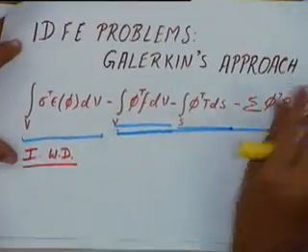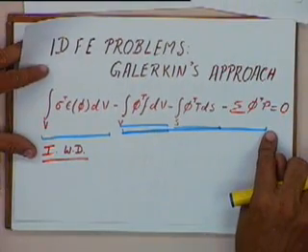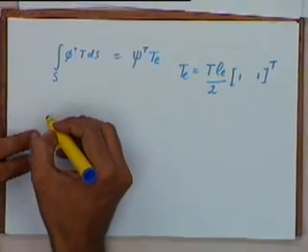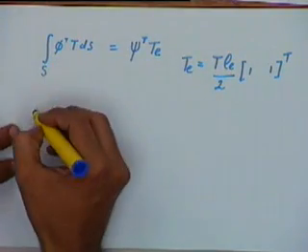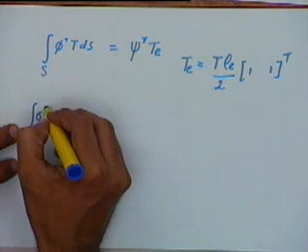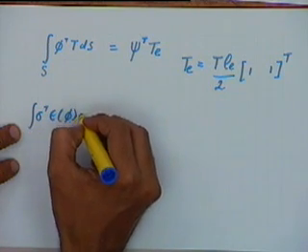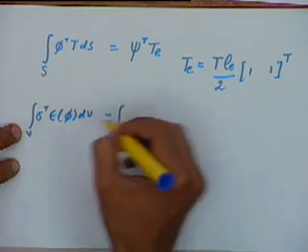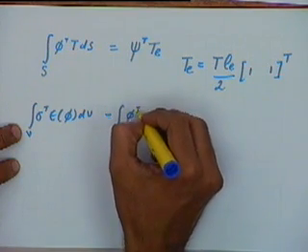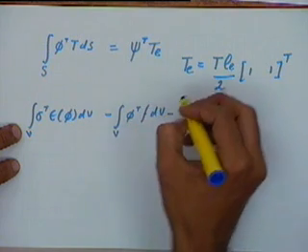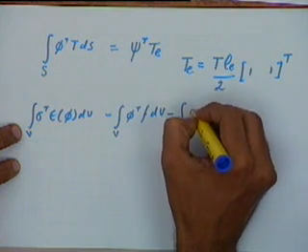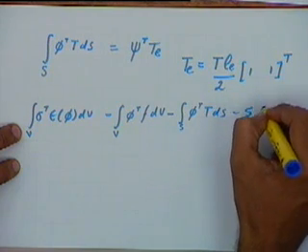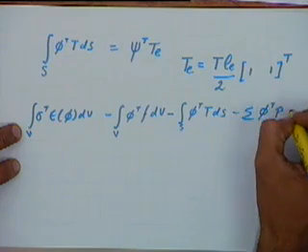Okay, so now if I take up this complete expression, what I will get is, let me first rewrite the same thing: the volume integral of sigma transpose epsilon of phi dV minus the volume integral of phi transpose F dV minus the surface integral of phi transpose T ds minus the summation of phi transpose P is equal to 0.